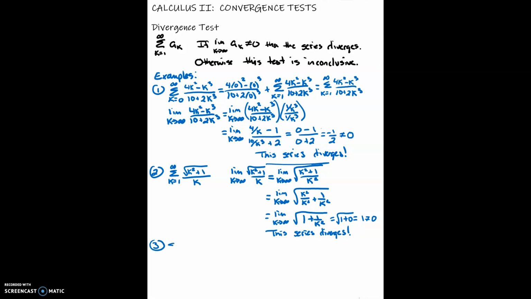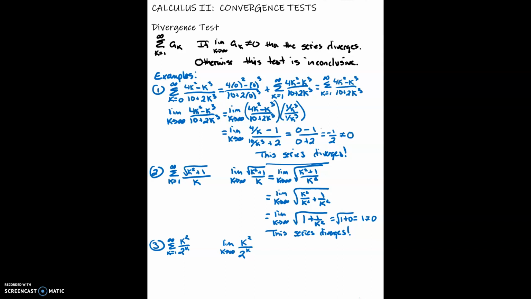Let's take the sum as k goes from 1 to infinity of k squared over 2 raised to the k. All right, so here I want to take the limit as k goes to infinity of those terms. That's k squared over 2 raised to the k. All right, let's see.